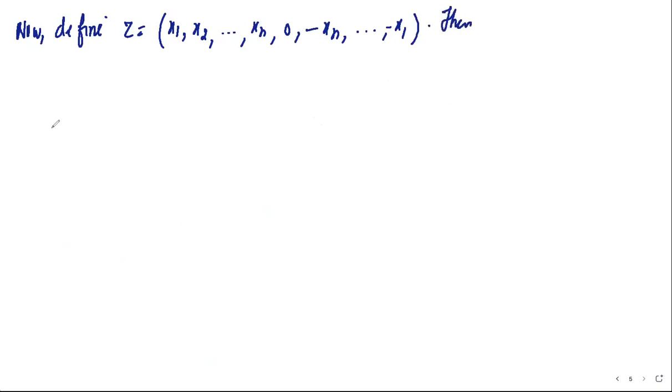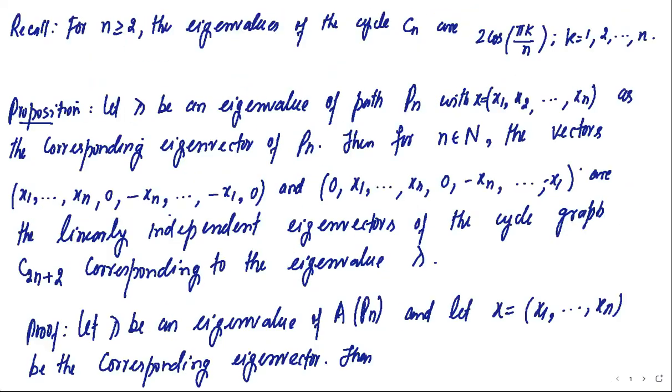For this we will compute the adjacency matrix of C2n plus 2 into Z. We will see what this is equal to. So this is equal to the adjacency matrix of C2n plus 2, which has to be multiplied with this column vector Z. Actually this is the column vector, and in fact we should also write the same in the statement.